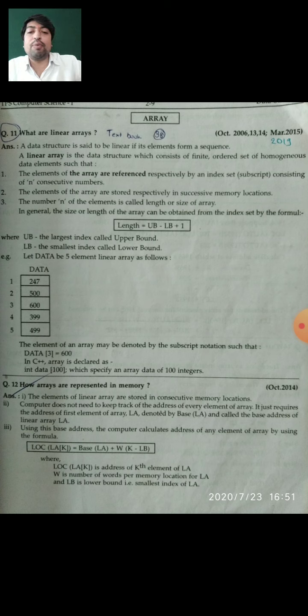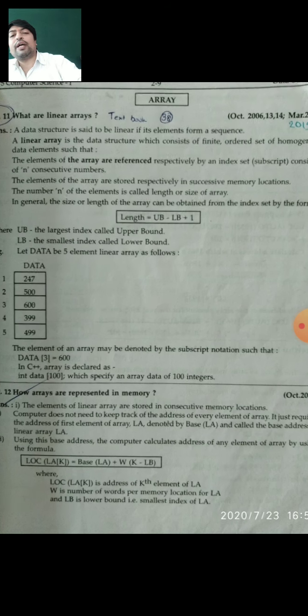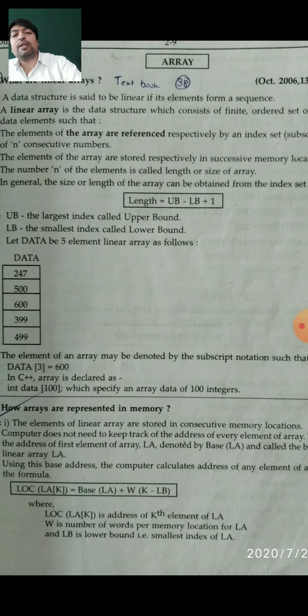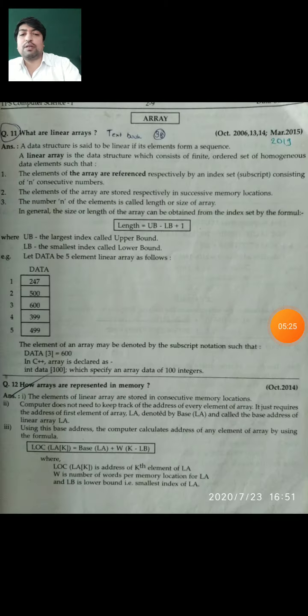In the above example, data[3] is equal to 600, meaning 3 is the index number and it represents the data element 600. You can see the example written in the textbook.